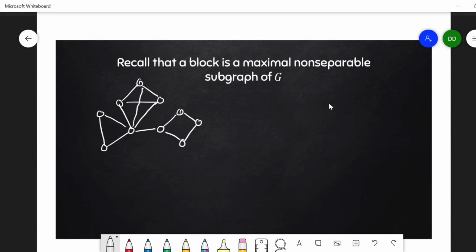And this is the 2-connected graphs. Remember, this is the same as saying that it's non-separable. Non-separable means no cut vertices. It takes at least two vertices to disconnect the graph.